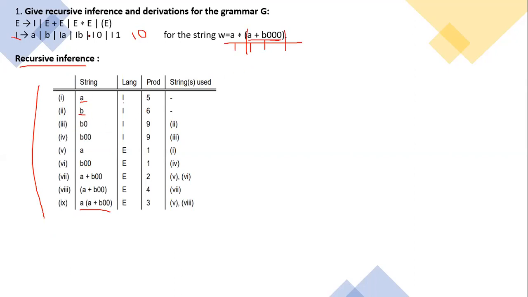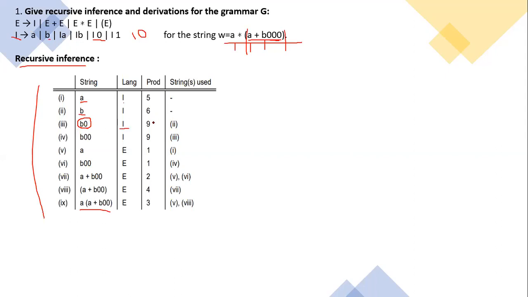How can I get B0? Students, the reverse process, where I can get B0 here only, right? I0, for that I can substitute the B again. So it is also from the ith production.